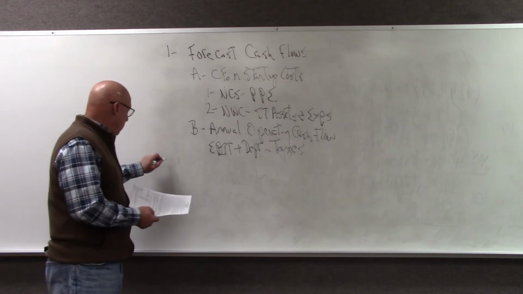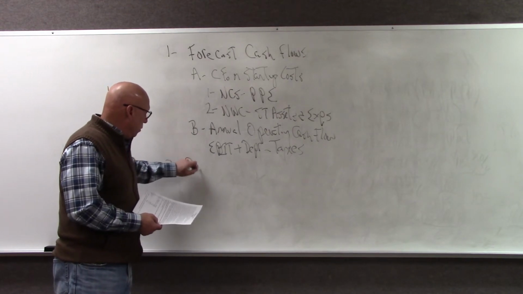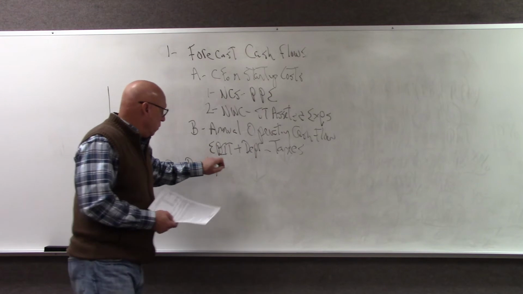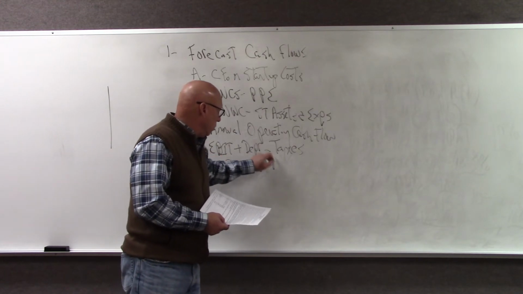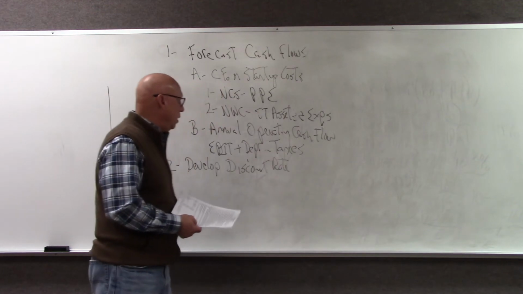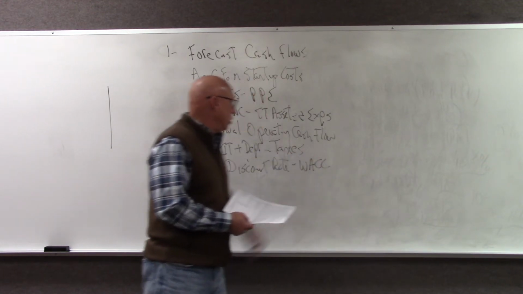So the second thing you have to do is develop your discount rate. Okay? And this is going to be your weighted average cost of capital.